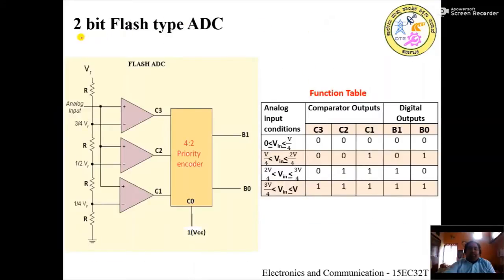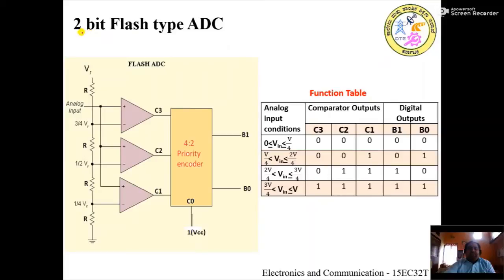Let us see the operation of 2-bit flash type of ADC. As we discussed, for a 2-bit flash type ADC, 2 to the power of n minus 1, that is 2 to the power of 2 minus 1, means we should have 3 comparators here. In the voltage divider circuit we expect 2 to the power of n resistors.